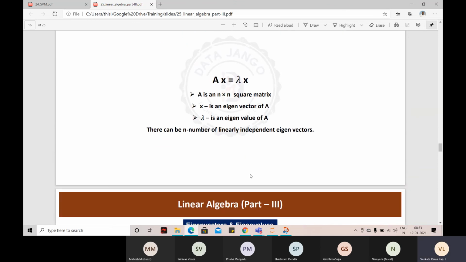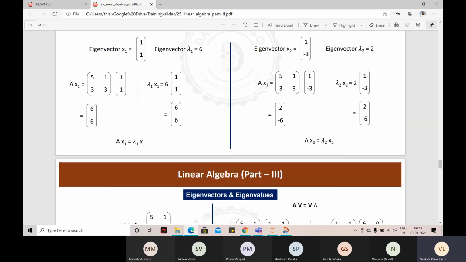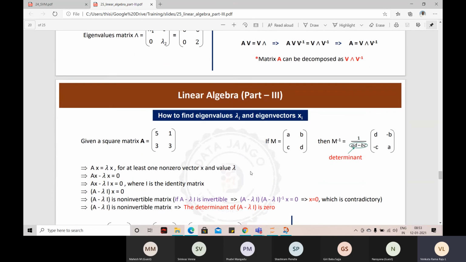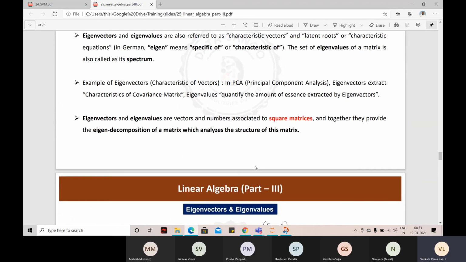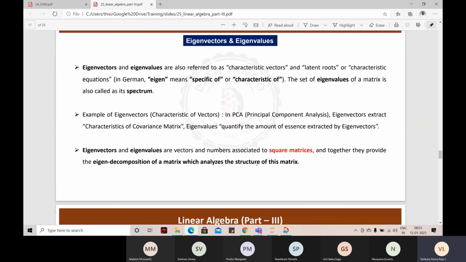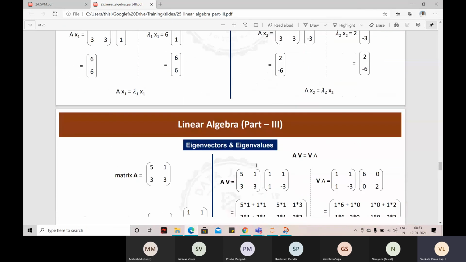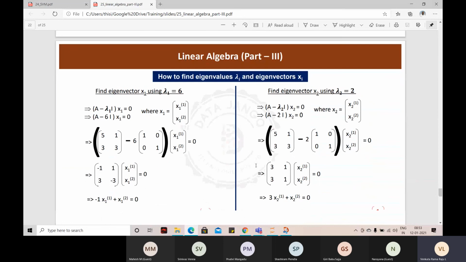Now we are getting into eigenvalue and eigenvector, but time is up. I'll talk about one concept called orthogonal vectors. I'll upload this, have a look at it. Monday we'll actually see it.